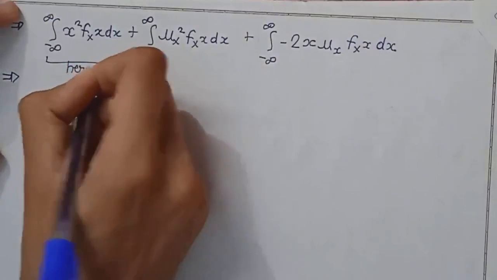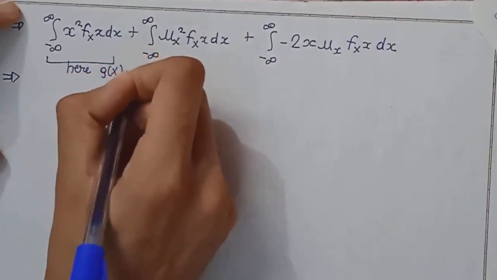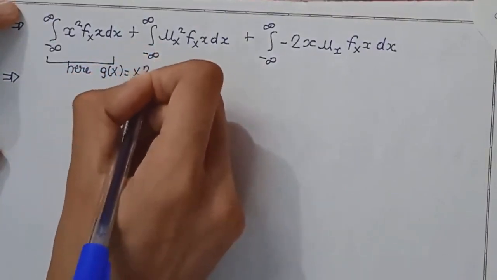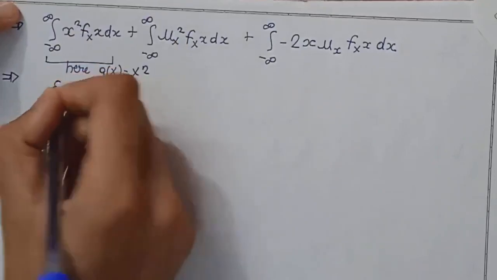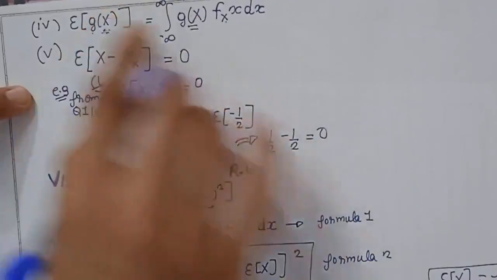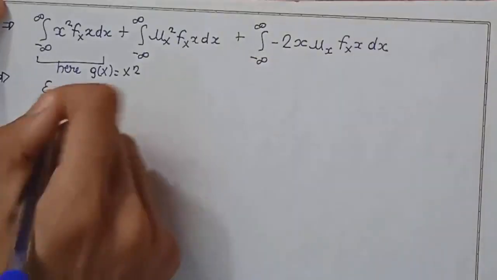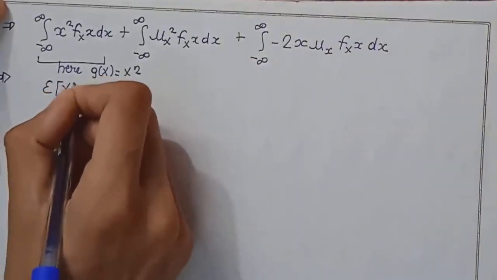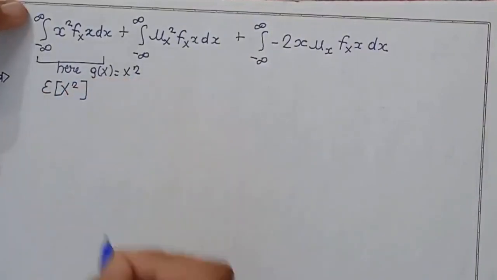So g(x) is equal to x square. Using this property in reverse direction, we can write the expectation of x square.